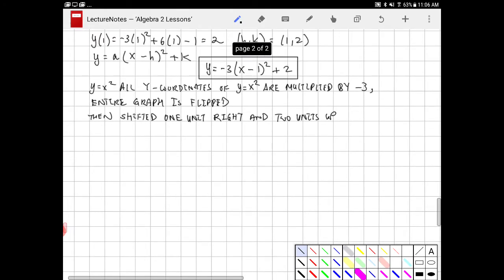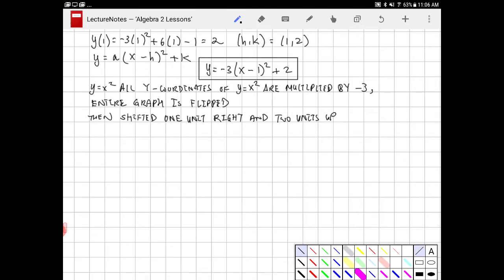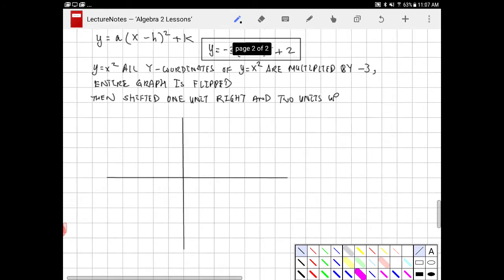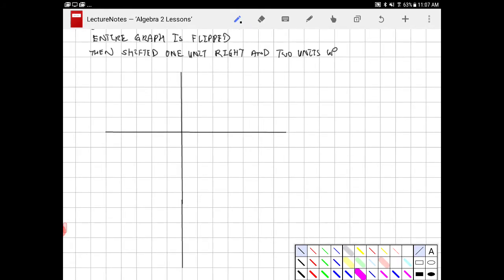Let's try to graph this. So the original looked like this. So we're going to take all this and multiply by -3.